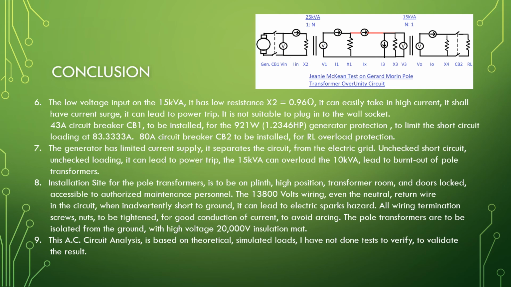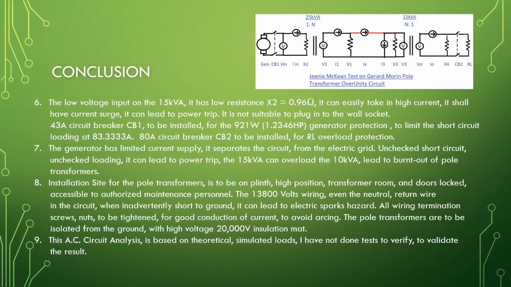All wiring termination screws and nuts are to be tightened for good conduction of current to avoid arcing. The pole transformers are to be isolated from the ground with a high voltage 20,000 volt insulation mat.